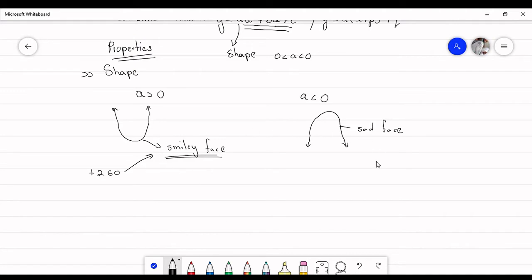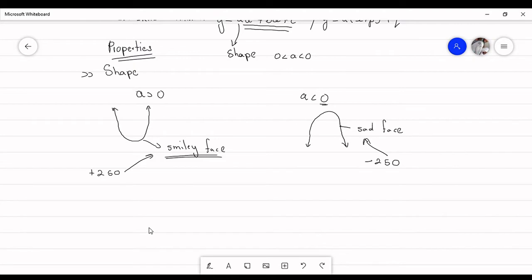But now, say your parents gave you that 250, then you lost it. Then you are having a negative 250. If you lost money, will you be happy? No, you'll be sad. So that's why we are saying if a is less than 0, then we have a sad face. But if a is greater than 0, then we have a smiley face.